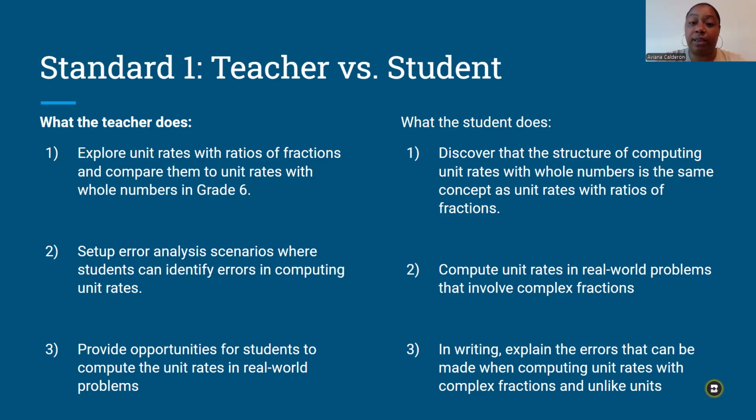For standard 1, what the student does: We discover that the structure of computing unit rates with whole numbers is the same concept as unit rates with ratios and fractions. What the student does, number 2, is compute unit rates in real-world problems that involve complex fractions. And for 3, in writing, explain the errors that can be made when computing unit rates with complex fractions and unlike units.